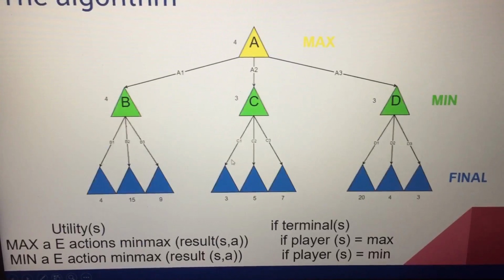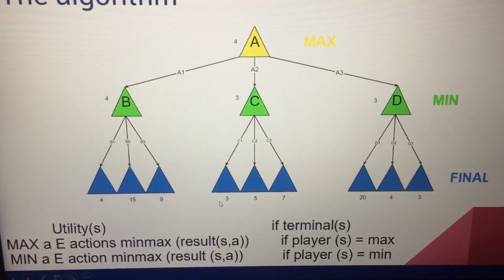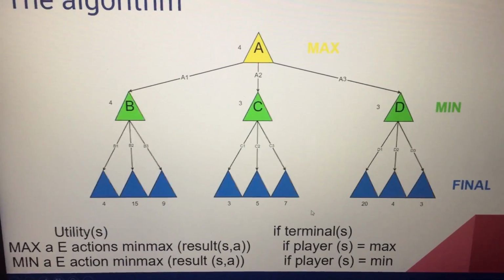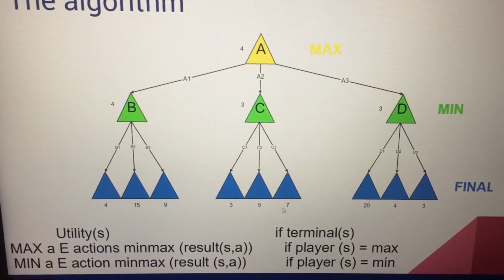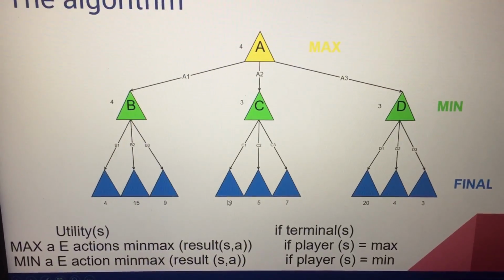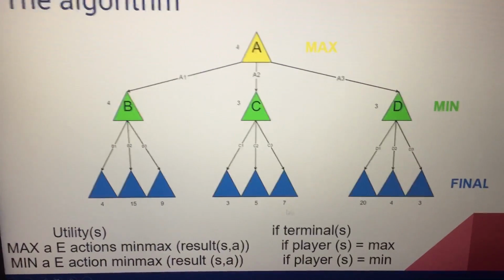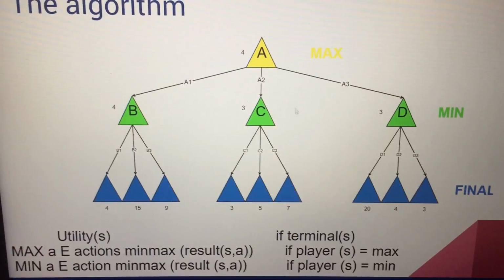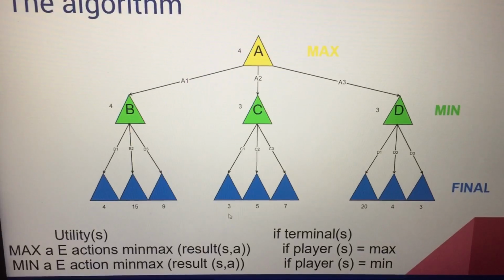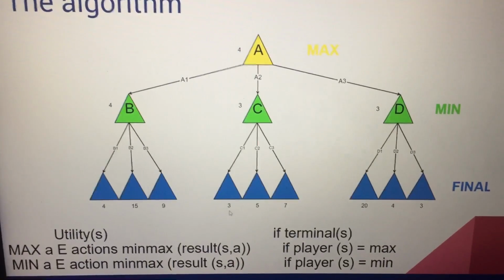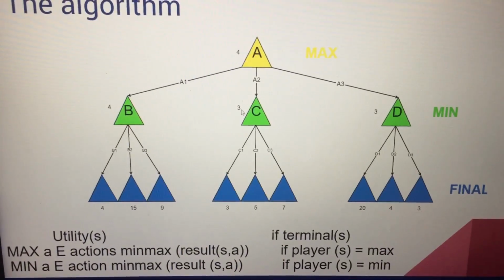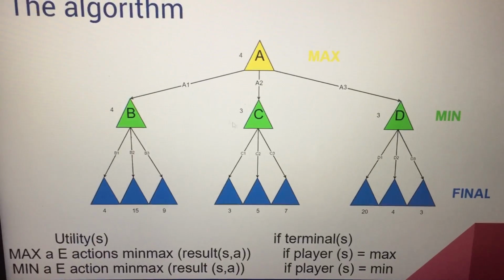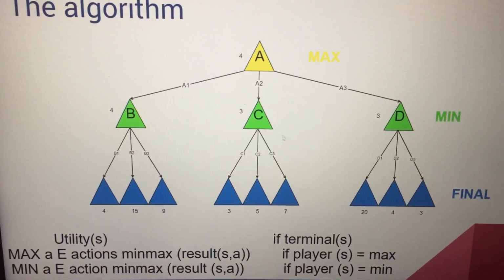So I go with C1, C2, and C3. All of these are terminal states, so I return the values of 3, 5, and 7. And of course this is a min state, so I return the minimum value of these utilities. So the one that I store is the value of 3.